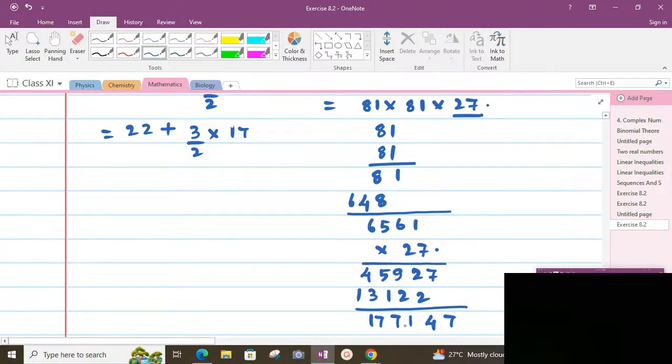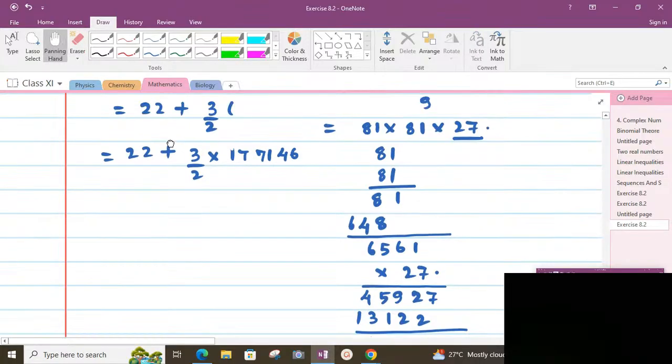So here it will be 177146. There is no problem to understand up to this step.